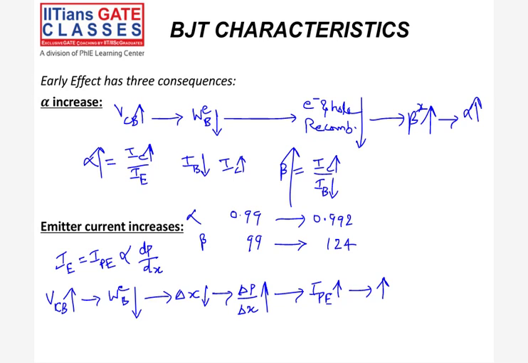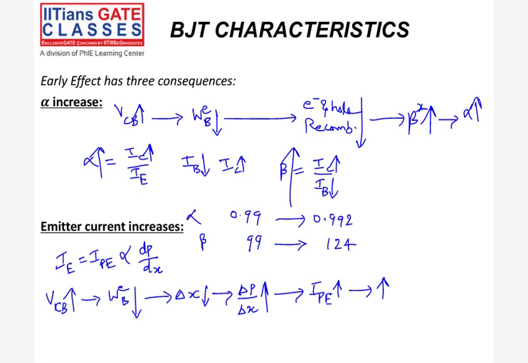First thing, IE increased. Second thing, recombinations reduced. So both effects are added, and that is coming in IC. So IC is increased to a large extent as compared to both IB and IE.